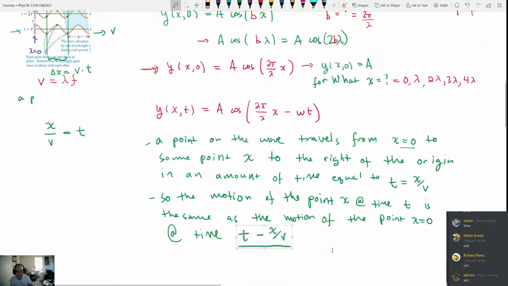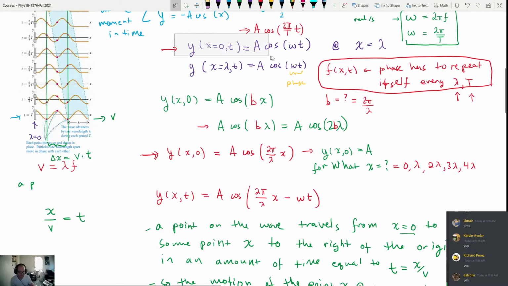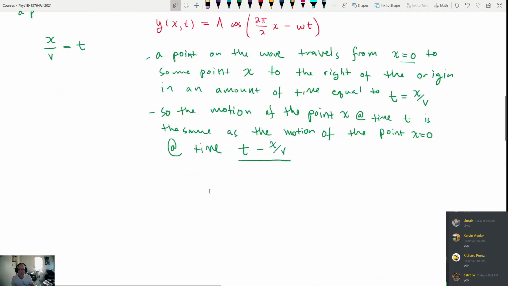Okay, so we can find the displacement of a random point x by taking this equation here, and replacing t with this. So this is y of x equal to 0, right?